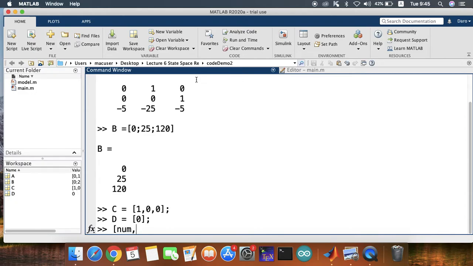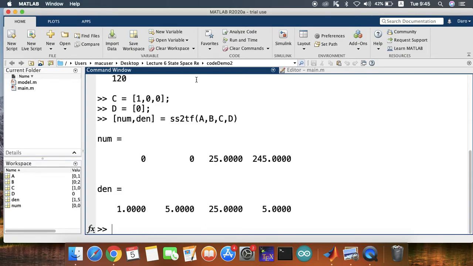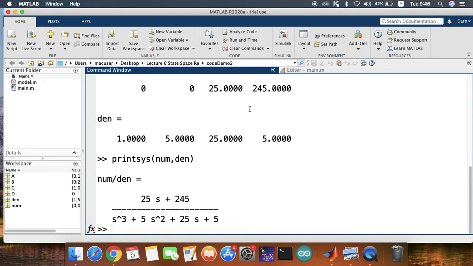You can find numerator, denominator of the transfer function by using ss2tf and specify A, B, C, and D. See, this is a transfer function. Print to check, and see, this is the answer. This is the transfer function you obtain using MATLAB.